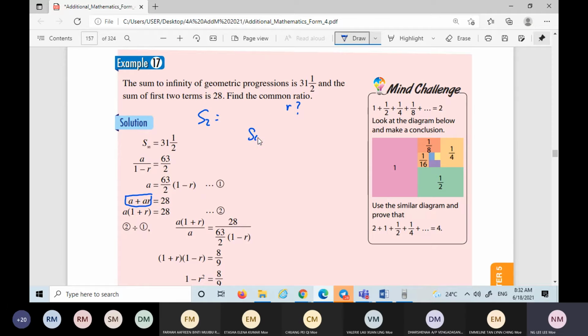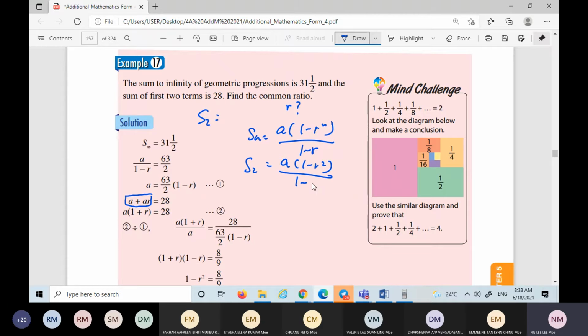If you use the Sn formula, it's A(1 - R^n) over 1 minus R. Don't use the R minus 1 version, because this one deals with sum to infinity, so we know that R is between -1 and 1. So use this formula instead.